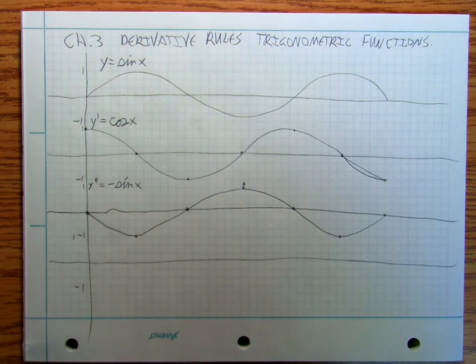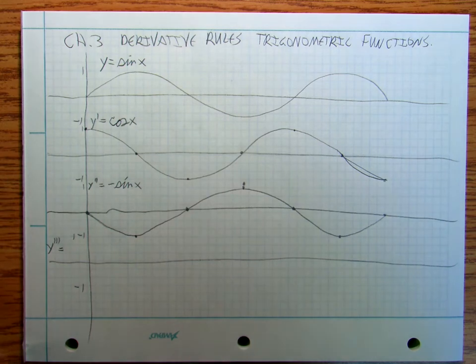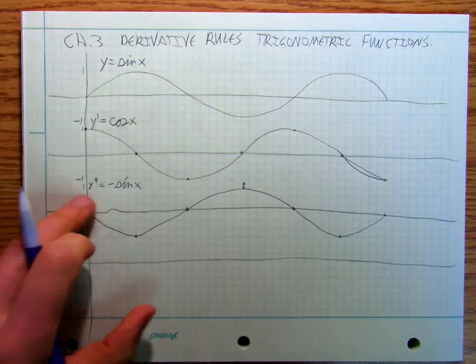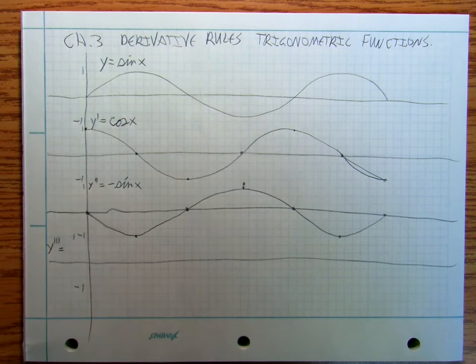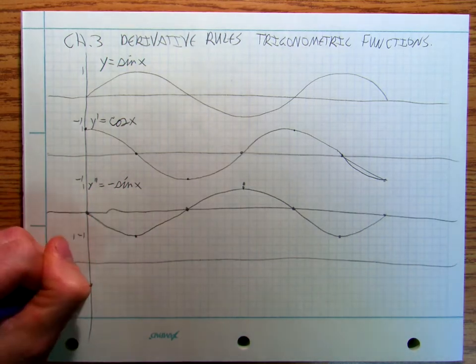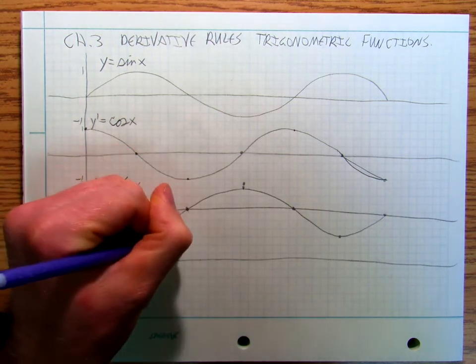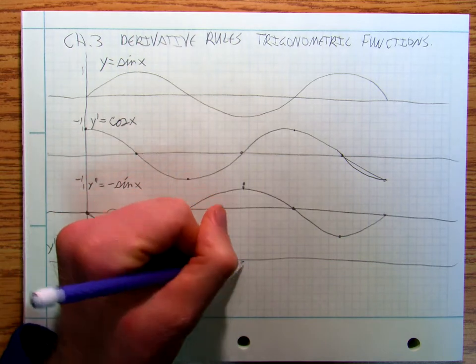Let's keep going. What's the derivative of negative sine x? Well, here it's got a slope of negative 1. Here it's got a slope of 0. Here a slope of positive 1. Here 0.